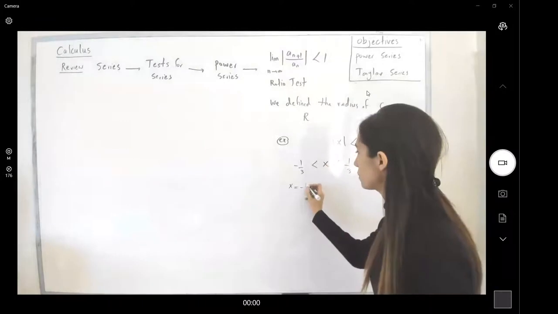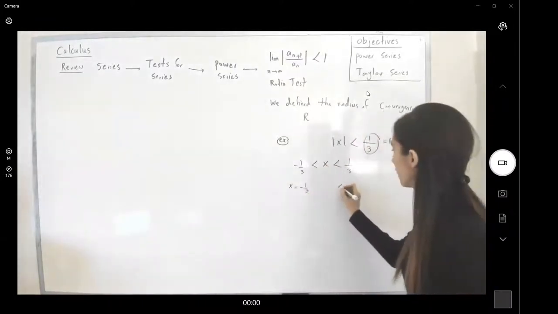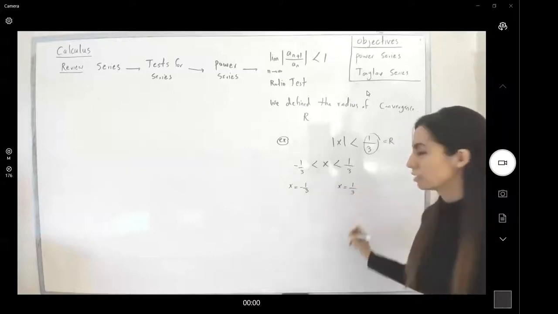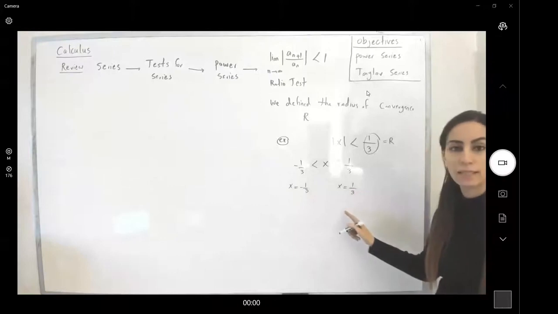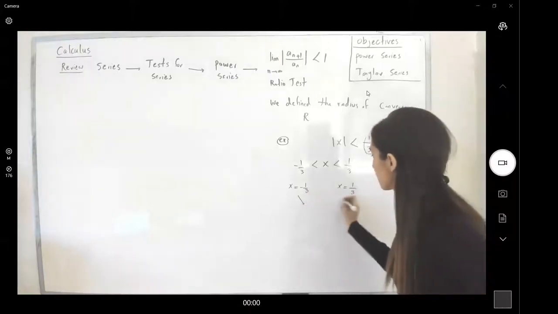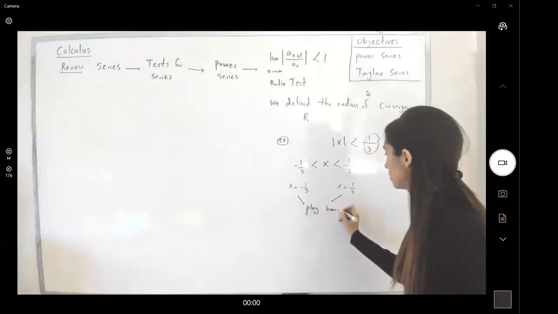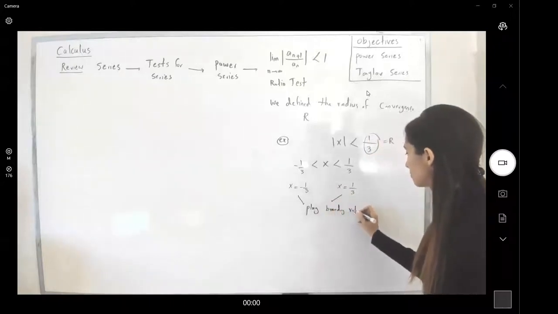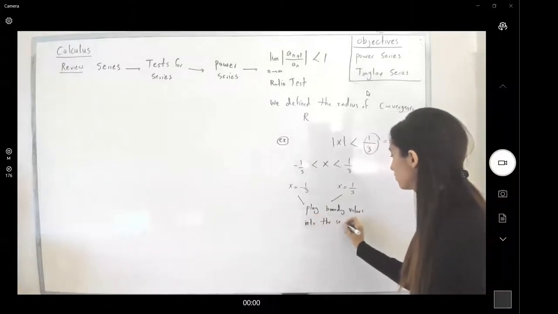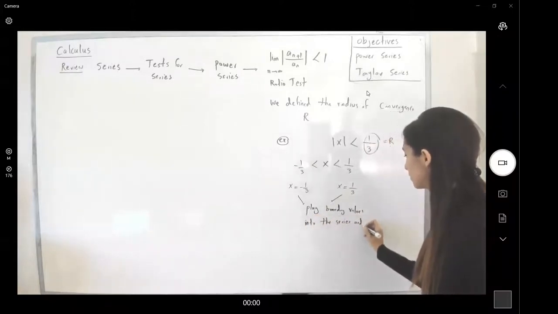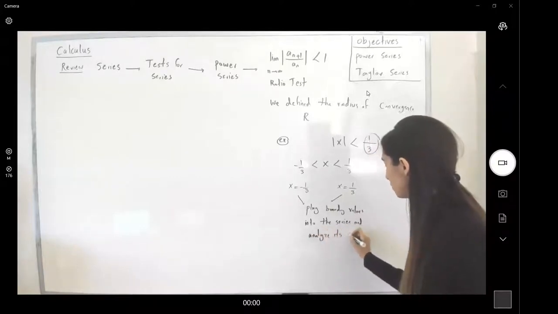Is the original series convergent? Is it divergent? What if X is equal to +1/3? What can we tell about the original series? So in these two cases, we need to plug boundary values into the series and analyze its convergence.